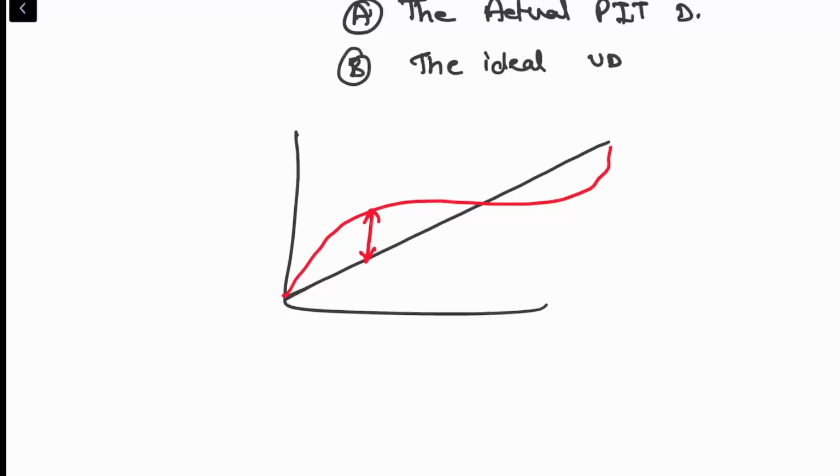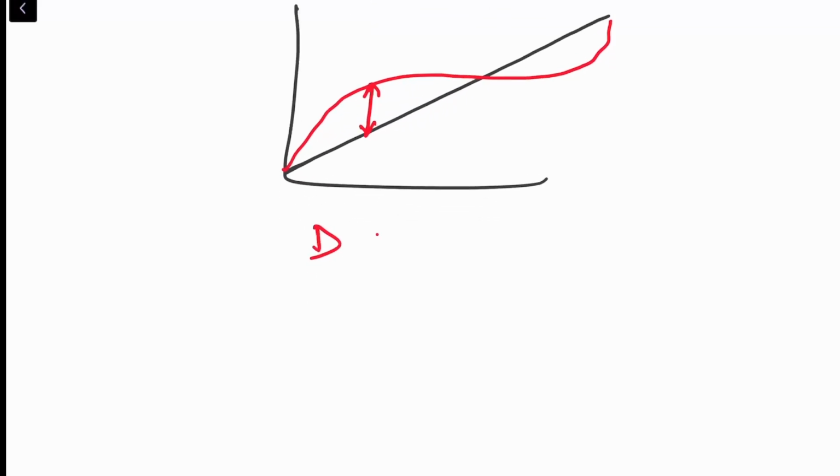You want the red line to be closer to the black line, because then it is perfect. You have calculated this value D with a formula, which you don't need to know because no theoretical questions will be asked, but it is calculated based on the actual CDF and the theoretical distribution. That distance is the KS test statistic, and you want it to be lower.